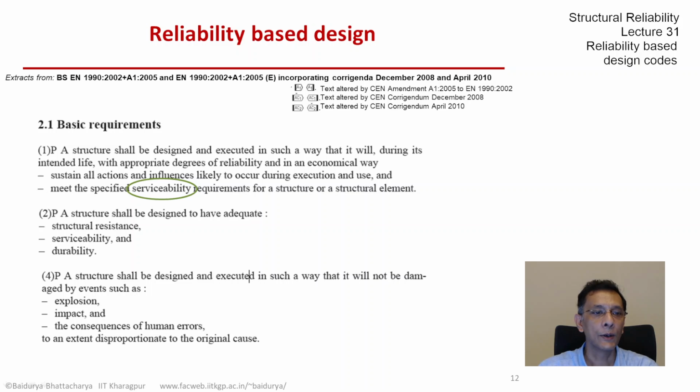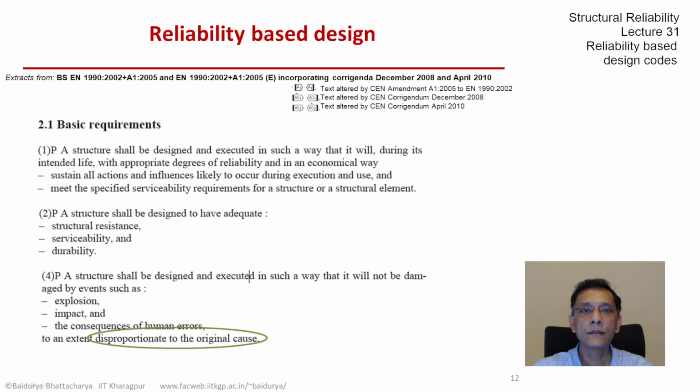So all the boxes are checked, and more specifically, so that there is no ambiguity, the strength issue, the functionality issue, and the longevity issue, the time-dependent issues, they are clearly spelled out. Very early on, it's interesting to see the code makers have been worried about, and they have expressed the progressive collapse issue.